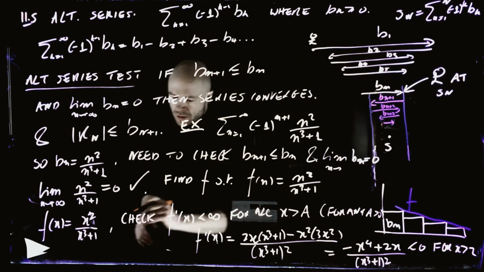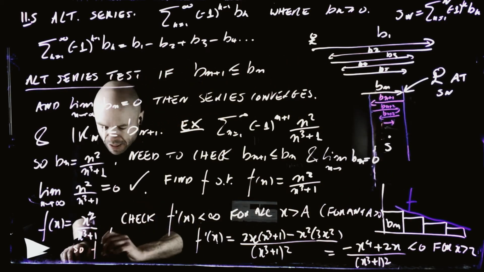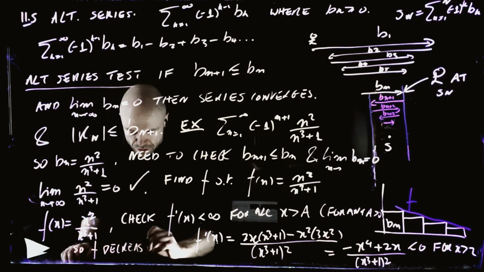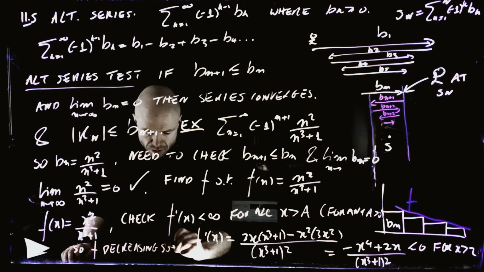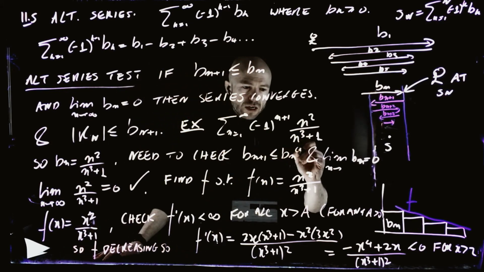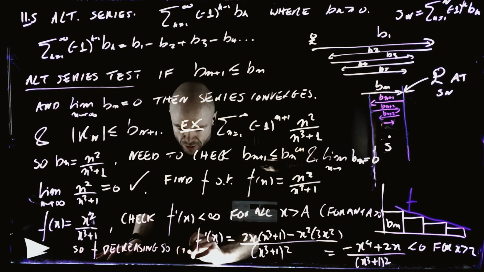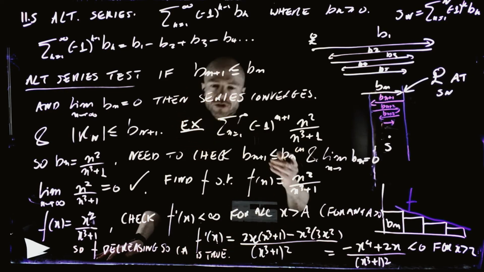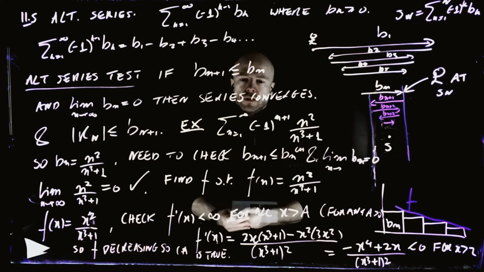So f is decreasing. Again, if it's free response, do write this. So call this star. Star is true. And that's it. That's all we need to do. Cool.